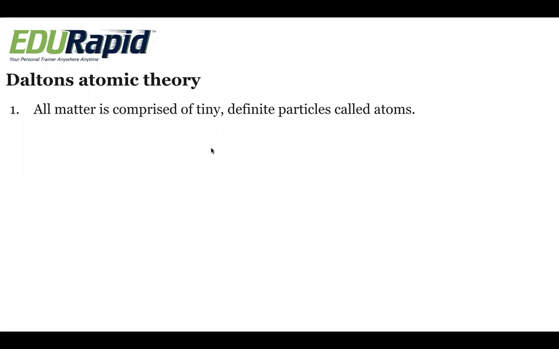Most of the scientists were finding out the structure of the atom. One of the biggest breakthroughs was by Dalton. He put forth his theory, called Dalton's atomic theory, and he gave 5 postulates in it. Let us study them one by one. The first postulate says that all matter is comprised of tiny definite particles called atoms.